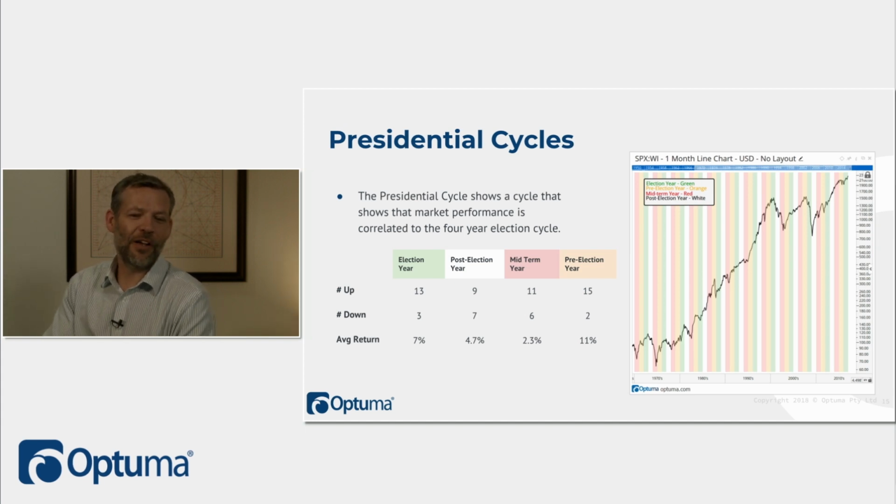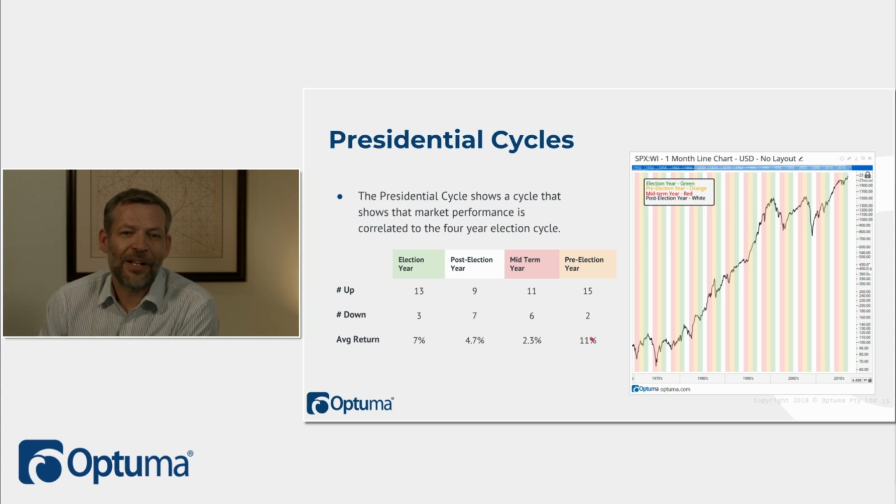So presidential cycles, looking at a bit of a study here on which years perform the best. And we can see that the pre-election year, we've got 13 years we're up, but the average return here, the year before the election, is 11%.